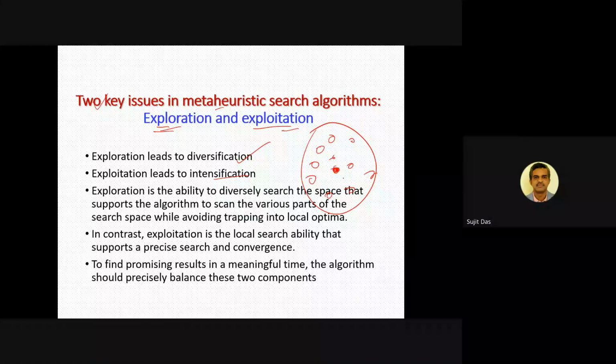Then what should you do? Slowly you should stop your exploration. You should focus on intensification. Intensification means what? Since this solution is good, maybe the nearby solutions of this good solution may be much better. This is simply the idea.